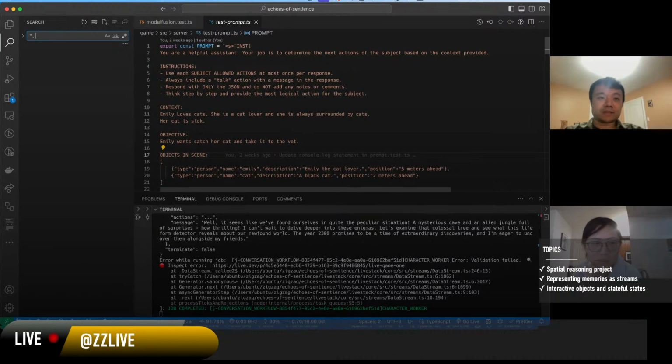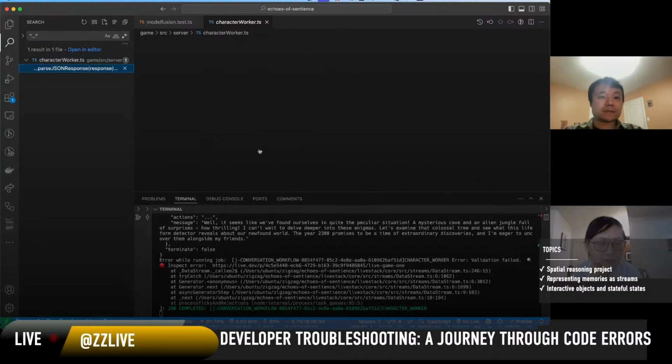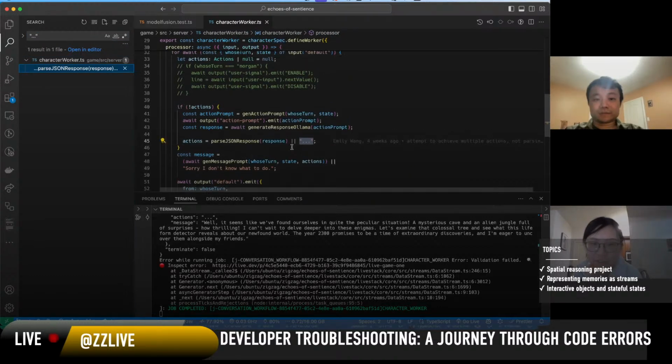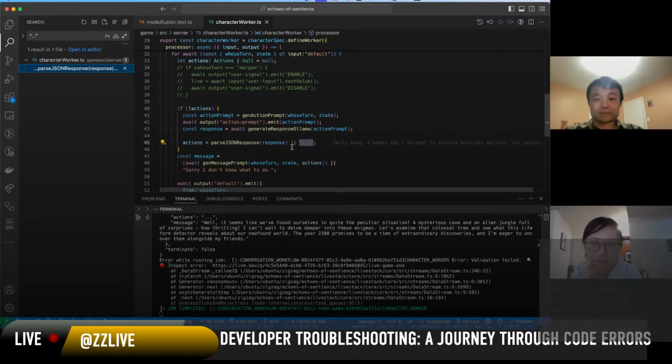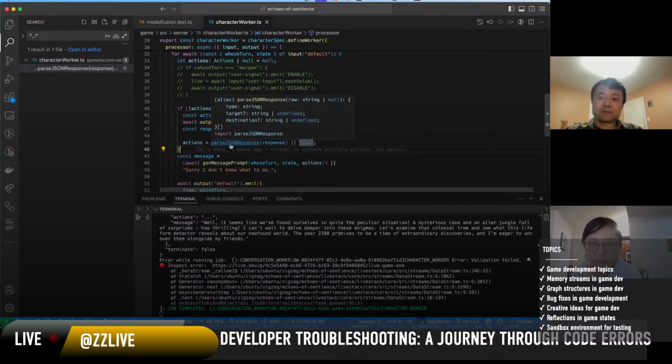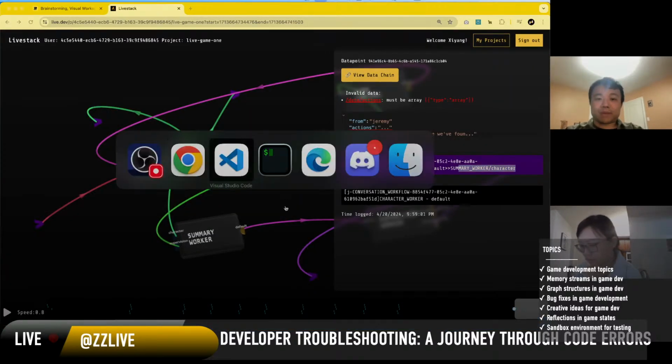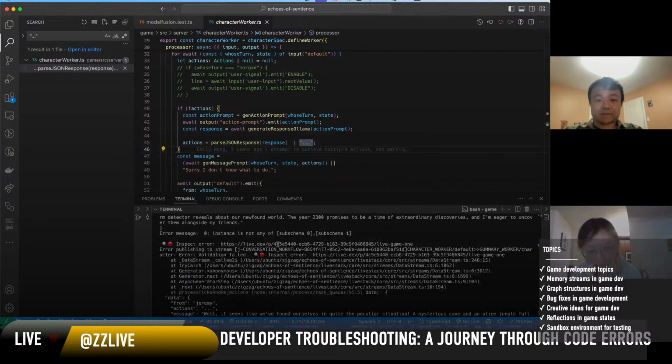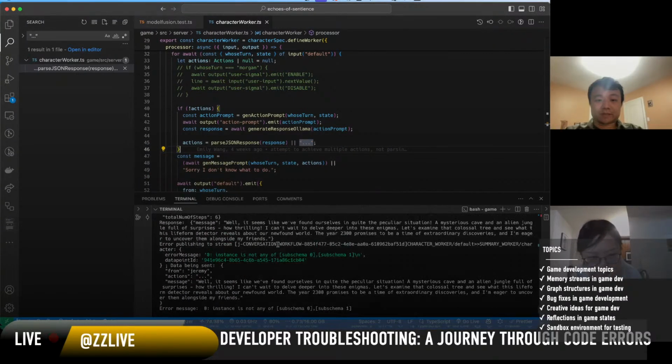Did we? Oh, maybe just change it into an array. That's an easy fix. So no actions. Yeah. Unless you want to throw an error here. But okay, let's see. The bigger problem is how did it fail to parse?